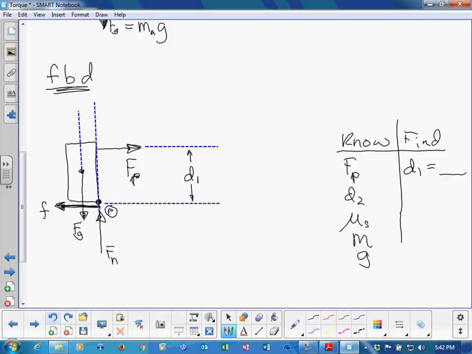The line of action is parallel to the floor, the force goes in this direction, and we'll call that distance D1. That's the thing we're trying to find.